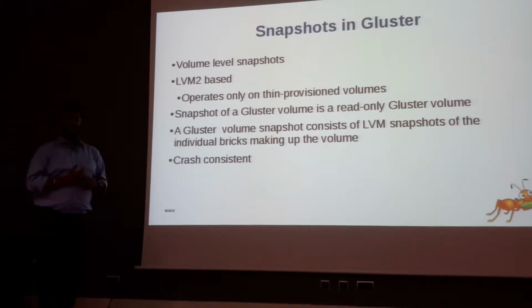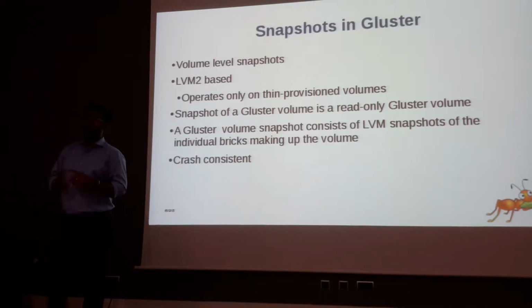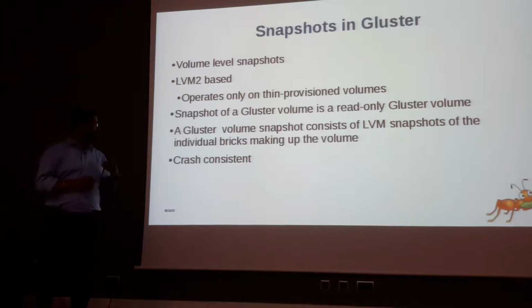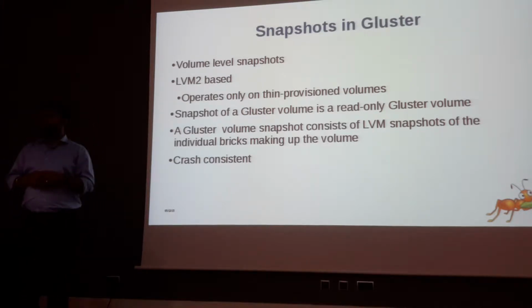The application needs to take care of its data part. If they want the data saved inside the snapshot, they need to sync it explicitly. Right now we are not providing a hook wherein, when a snapshot is taken, the application can flush it. That will be considered in future releases, where we can provide some kind of hook so that snap-aware applications can ask when the snapshot will be taken and sync the data.